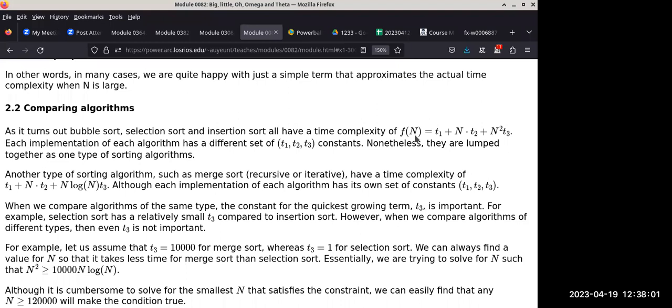Well, there's another module that talks about how we can determine the actual time complexity. Right now, we just have to understand the significance of time complexity. So your question will be answered in probably another week. Right now, we just want to understand why this is important to us.